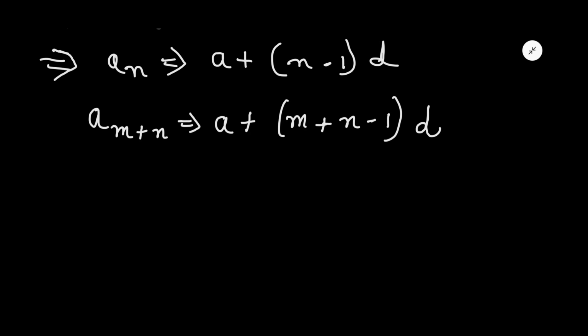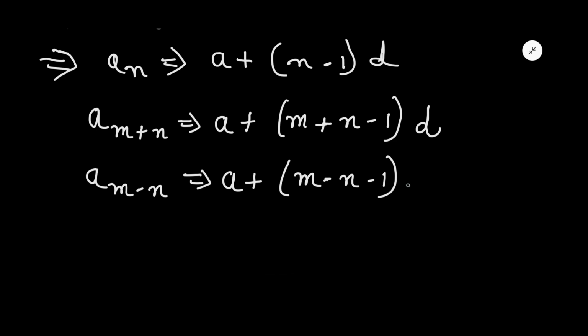Similarly, for the m minus nth term, it will be a plus m minus n minus 1 into d.